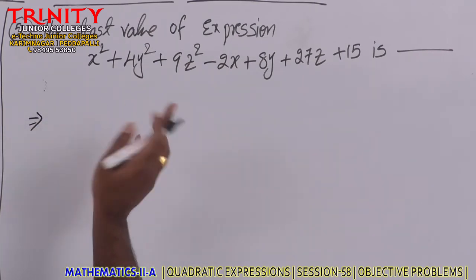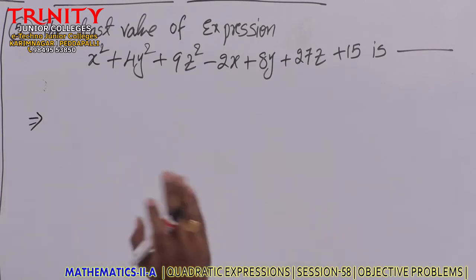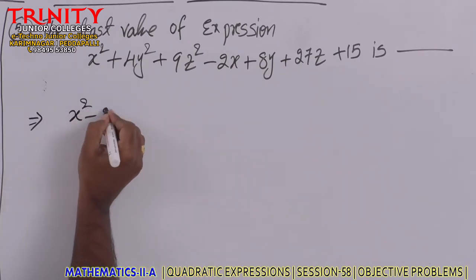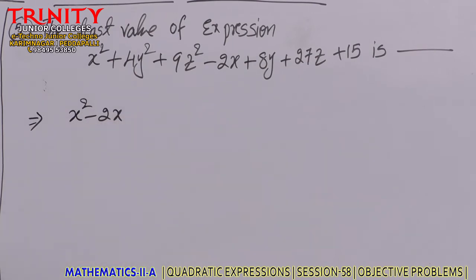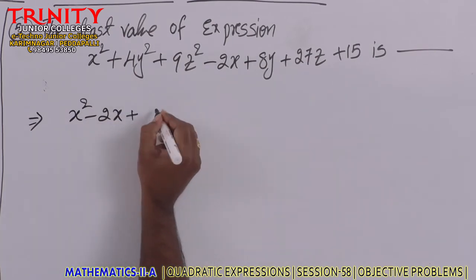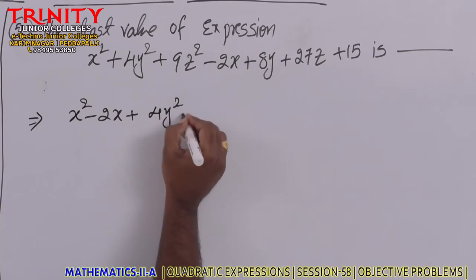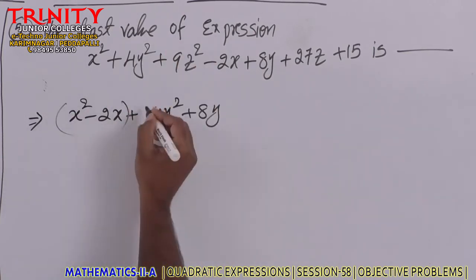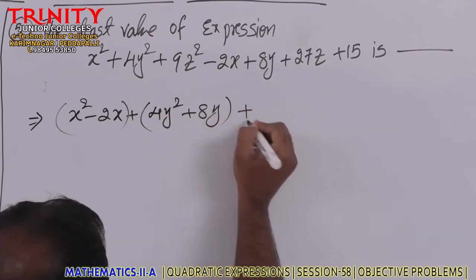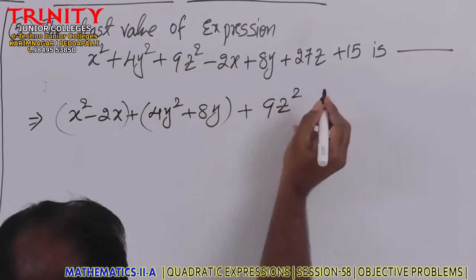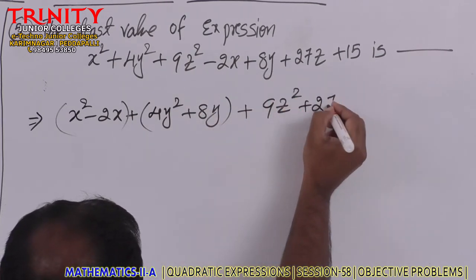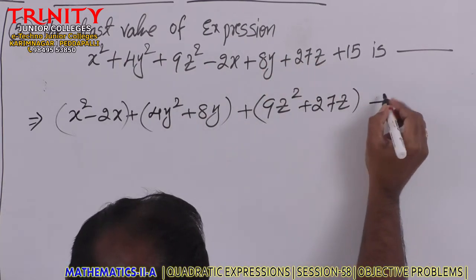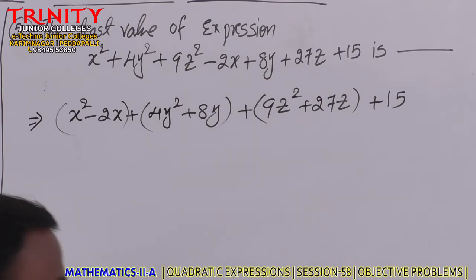Group the x terms, y terms and z terms together: x square minus 2x, plus 4y square plus 8y, plus 9z square plus 27z, plus 15, that is a constant.